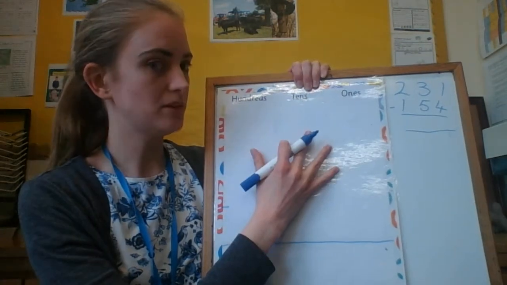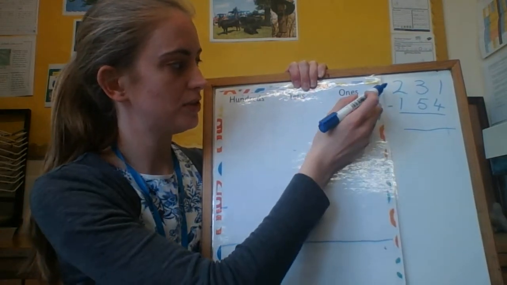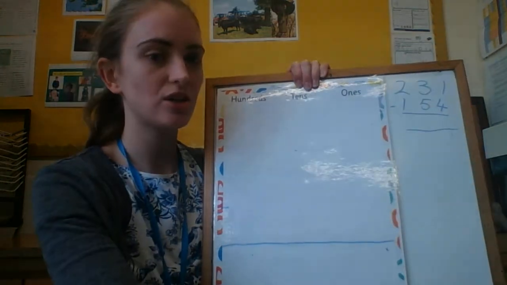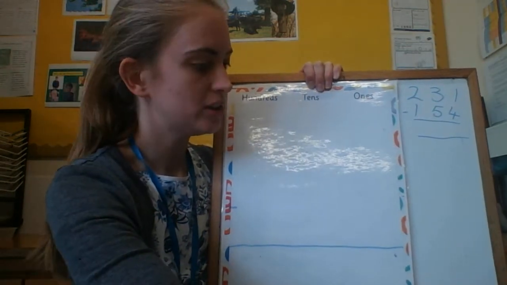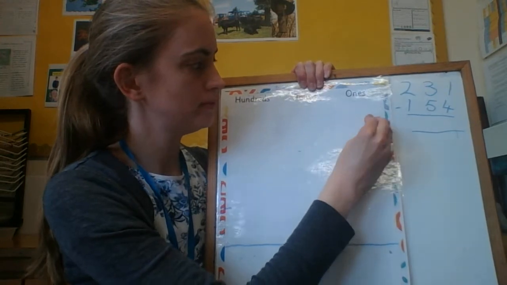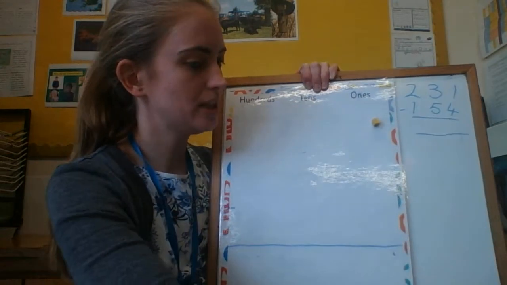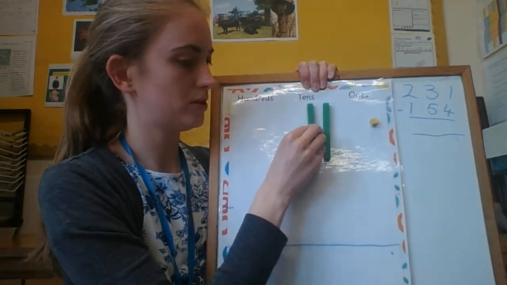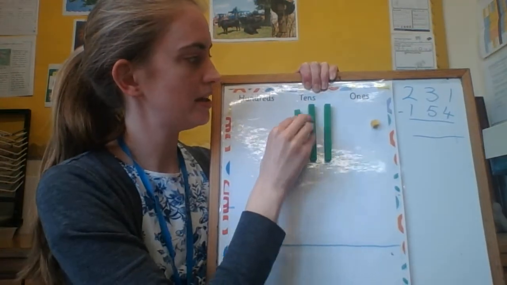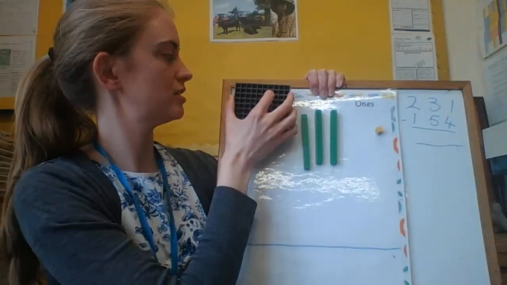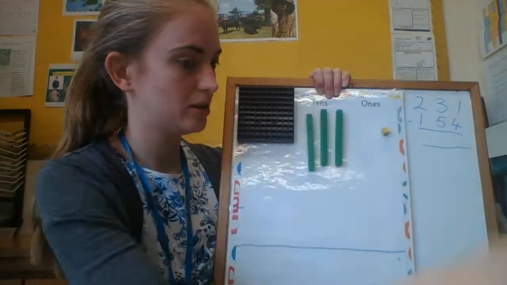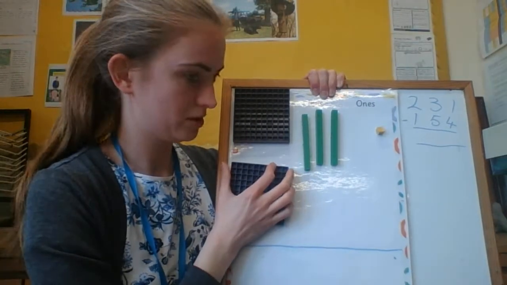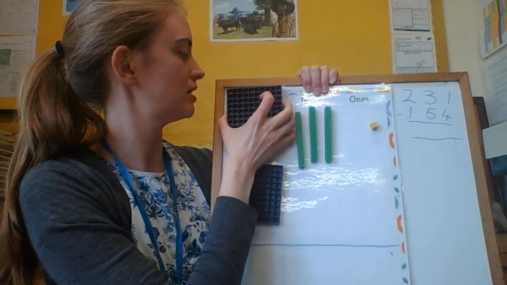So now I'm going to make this with base 10. The first number on here is 231. So that has 1 one, 3 tens, and 2 hundreds. I'll just move that a bit lower so we can see the hundreds.